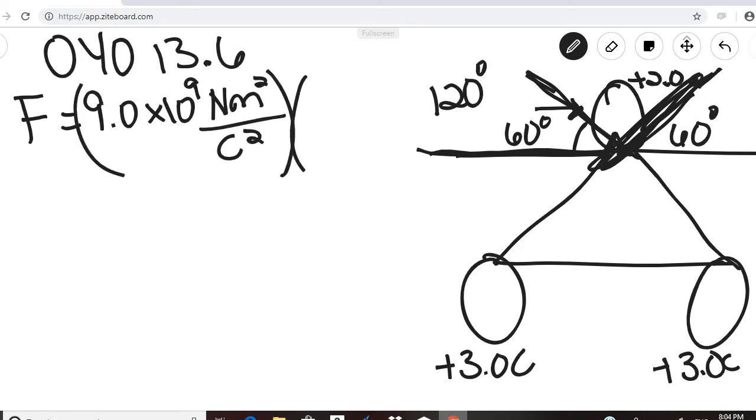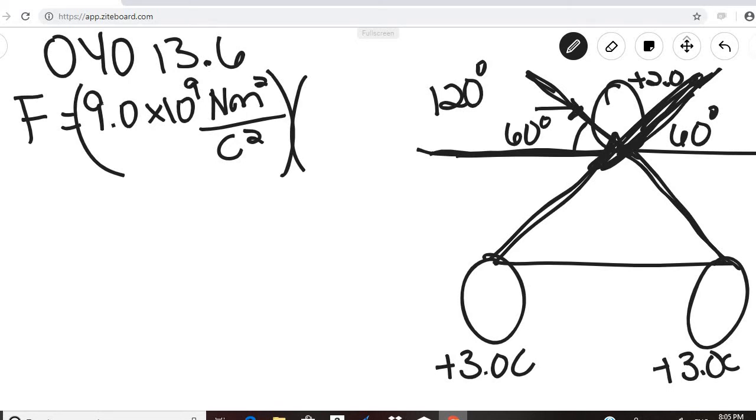And the two charges are going to be, and these two charges are the same distance apart, and they're also the same charge apart.